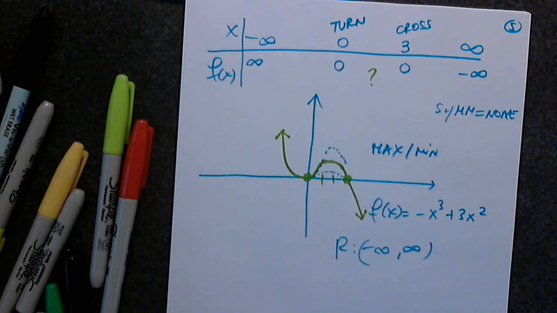I see that this maximum appears to be at 2, but I can't be certain. I'm going to give the calculator a window, like between 1 and 3. Here's how I do it. Second and calc. Since I want to determine a maximum, I will choose number 4.